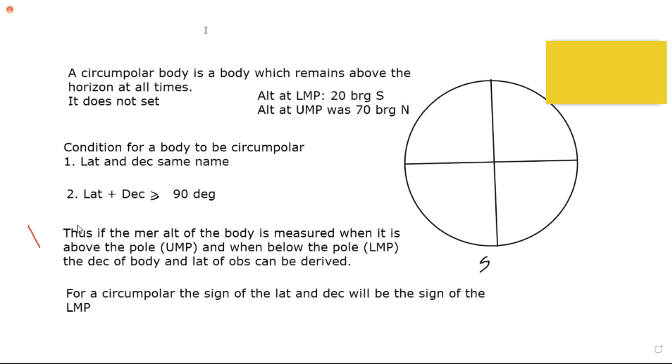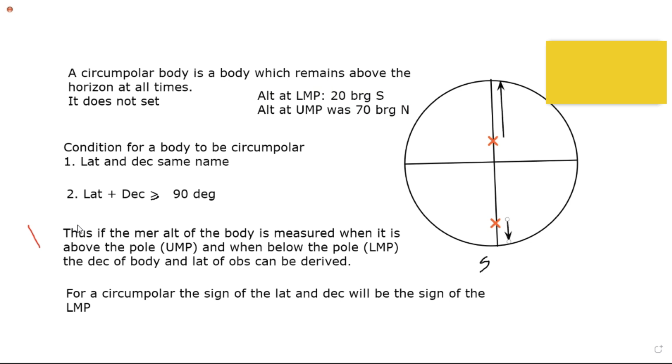It means now when you directly, but that is so important. 20 degree bearing south means इधर आ गया. 70 degree means, because altitude is this one. No, altitude क्या है? Altitude तो ये है. This is bearing north south 20 degree.